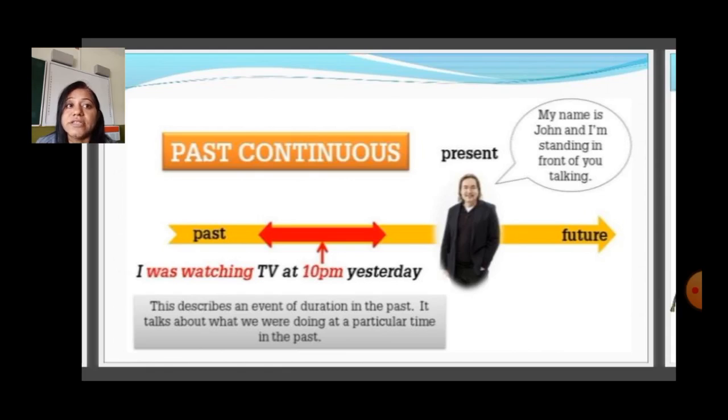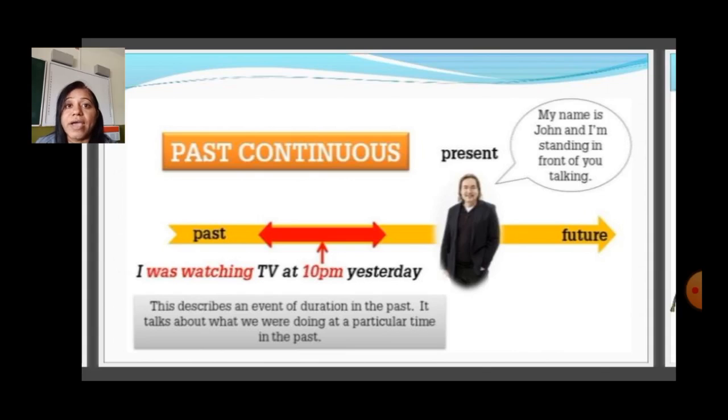Yes, it is ongoing. But if I say that I was watching TV at 10 p.m. yesterday, this action is in the past. But this action, watching TV, was ongoing. At that time, I was watching.